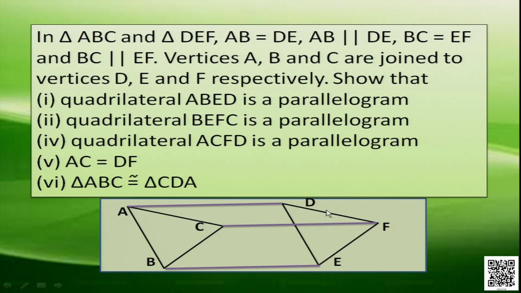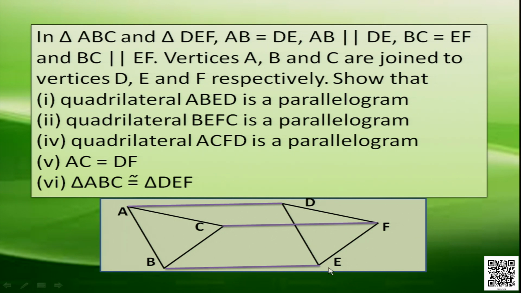From this, we can also prove that AC is equal to DF as the opposite sides of a parallelogram. Then after using this, we can also prove in triangles ABC and DEF, we have AB is equal to DE, AB is parallel to DE. Again, BC is equal to EF and BC is parallel to EF. The vertices A, D, C, F and B, E are joined.